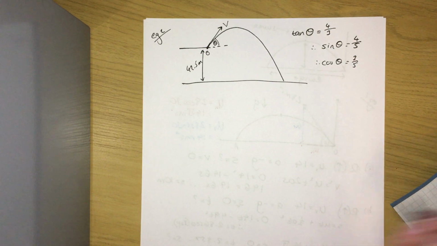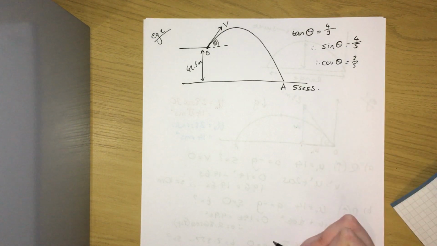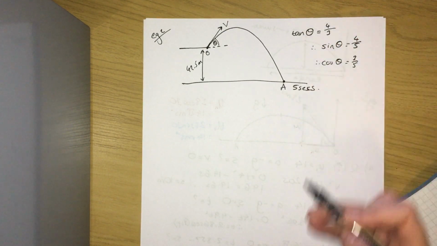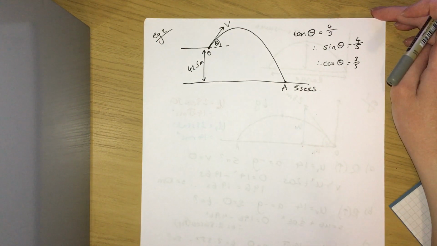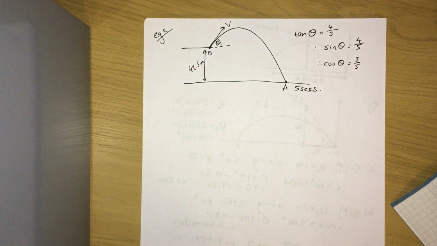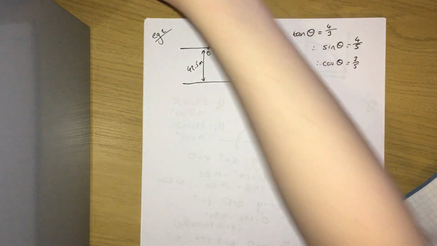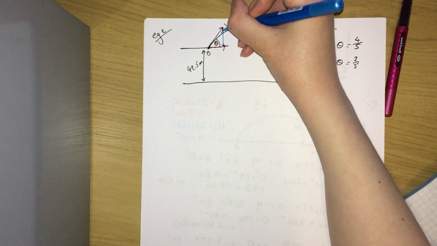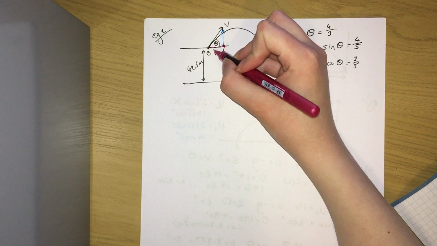It says the particle strikes the plane at point A, and this is 5 seconds after it is projected. So we know that the time from release to landing is 5 seconds, and that's really useful. And when you first read through the question, it's something that you might forget. Before we answer any problems, always going to resolve horizontally and vertically.